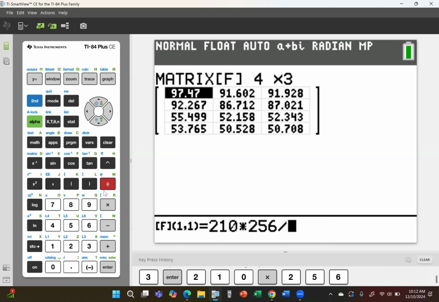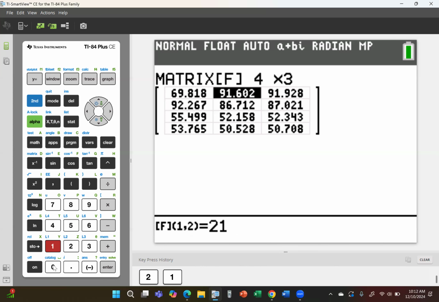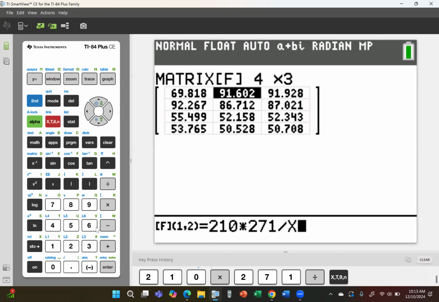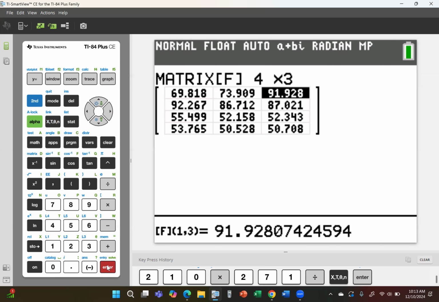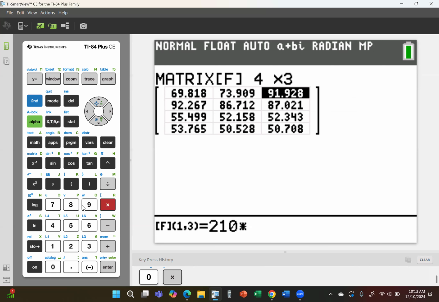And we're going to divide that by X. Then we do a row total, 210 times a column total of 271 divided by X. And then a row total, 210 times a column total of 275 divided by 770, which I stored in X.